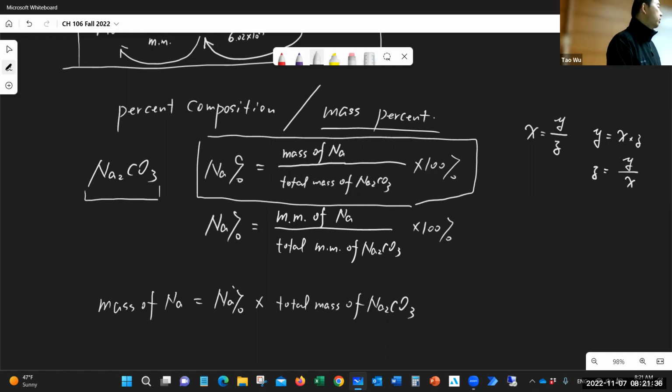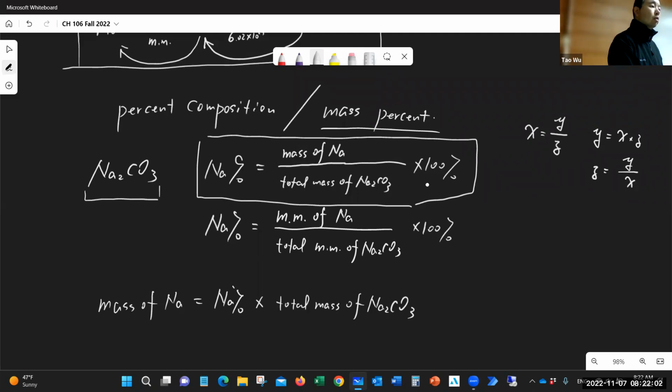That is the math problem. This is algebra, not the chemistry part, right? So based on this equation, you can figure out the 3 things. If you know any 2 of the parameters, you should be able to solve the 3rd one, just based on the equation set up like this.